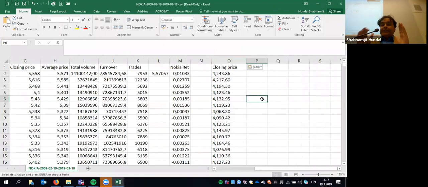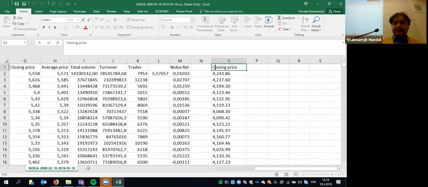So now we have the Nokia return. We have the closing price. So I would call it NASDAQ closing values. I would rather call it value than price if it is an index.